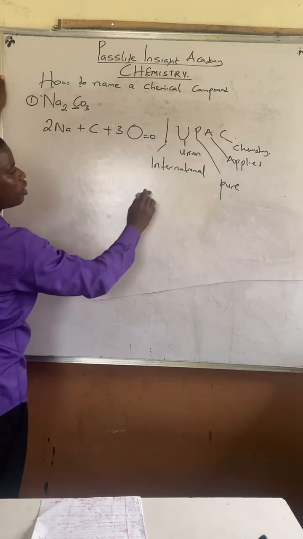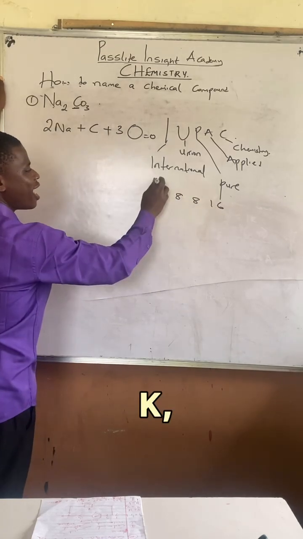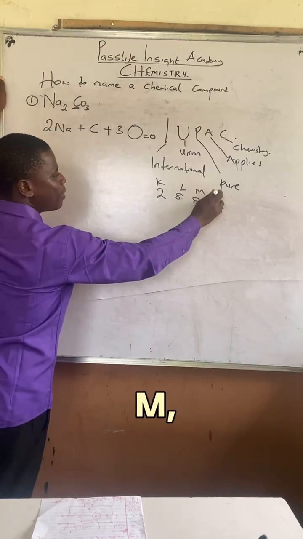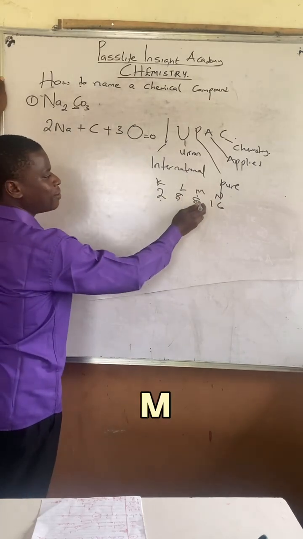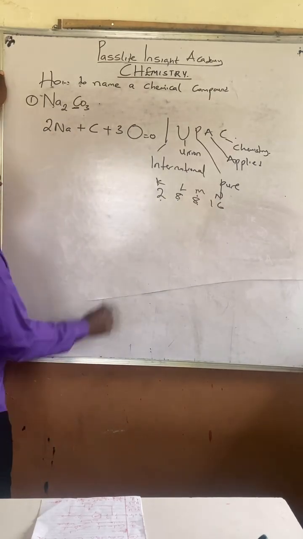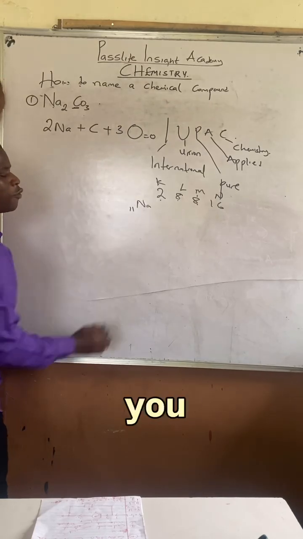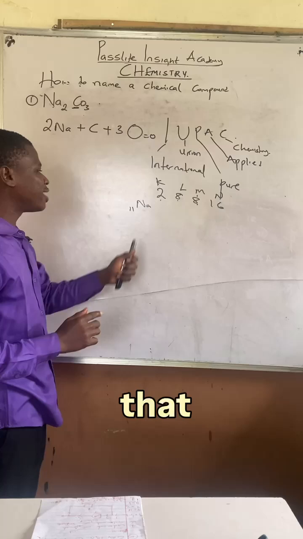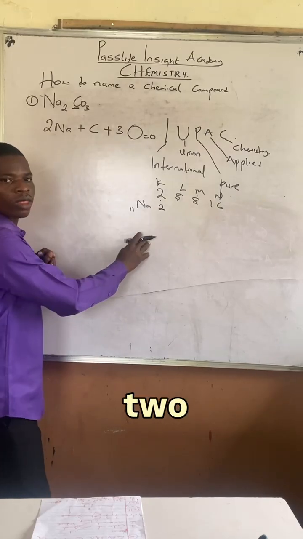It's very easy. Just remember 2, 8, 8, 16: KLMN. K is 2, L is 8, M is 8, N is 16. Sodium is number 11. If you know how to read your elements very well, you'll see that sodium is number 11. So let's put here this 2.